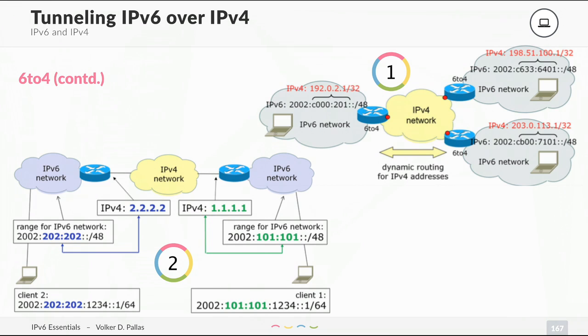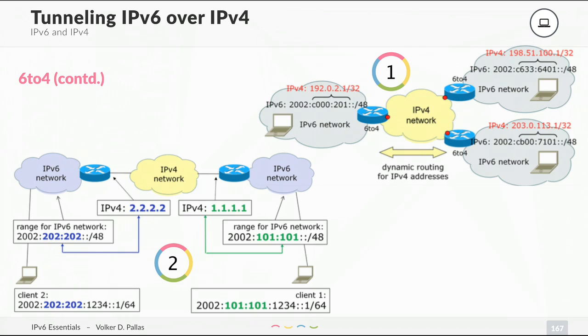You can see on the left that 192.0.2.1 is translated into C000201. The network on the right has a different prefix. It also starts with 2002 and is then comprised of the public IPv4 address of the 6 to 4 host. Routing between these domains is done via IPv4.